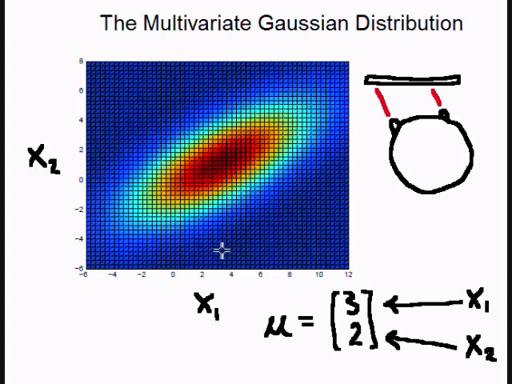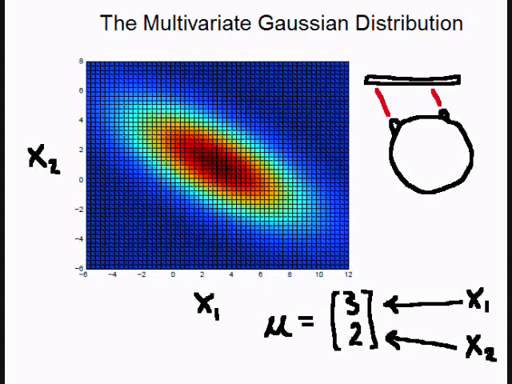So when x1 tends to be higher, x2 also tends to be higher. And when x1 tends to be lower than it should be, x2 also tends to be lower than it should be. Now if we had negative covariance, you'd have this situation where if x1 is lower than it should be, then x2 tends to be higher, and if x1 is higher then x2 tends to be lower.